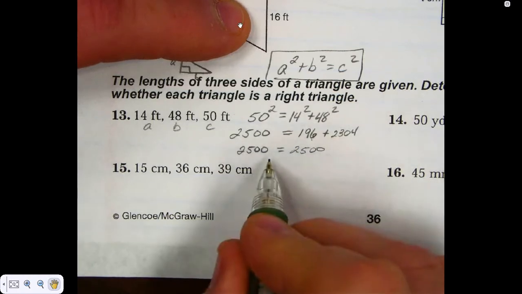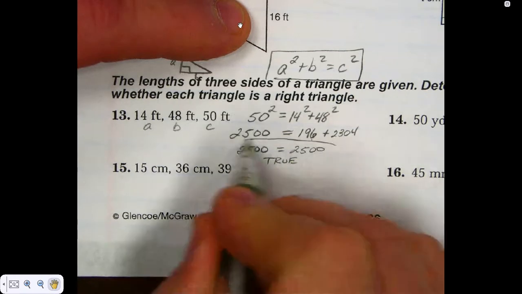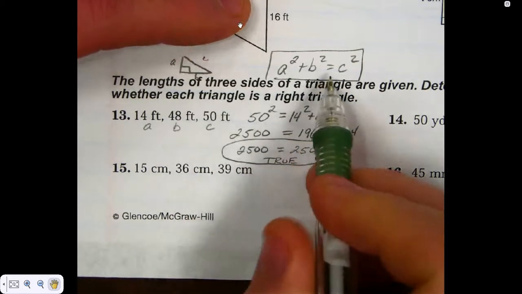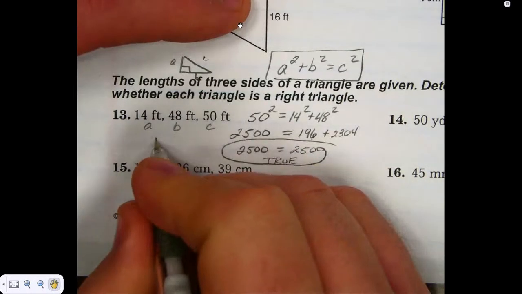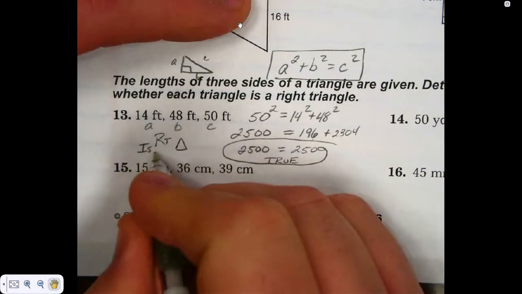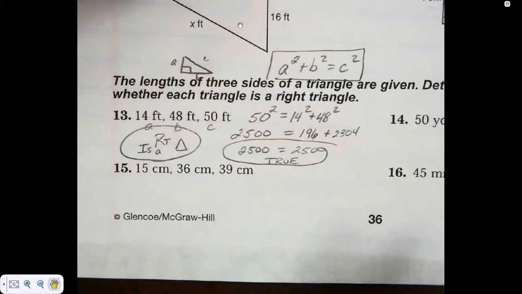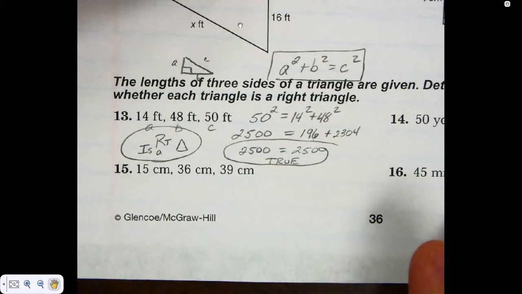Is this true or false? So, does A squared plus B squared equal C squared here? So this is a right triangle. That is a right triangle.